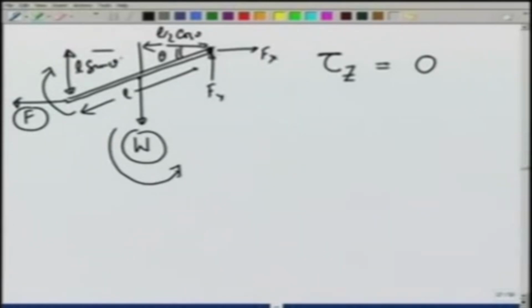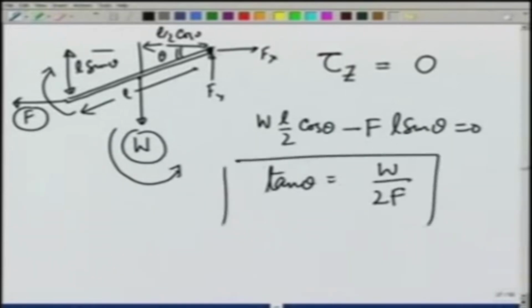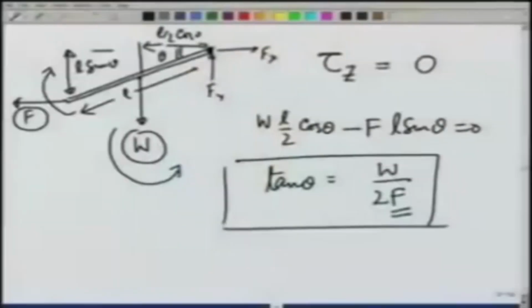Therefore, when I put tau z equal to 0, I get W L over 2 cosine of theta minus F L sine of theta is equal to 0, and that gives tangent theta is equal to W over 2F. You notice, larger the force that you apply, smaller the angle, and that you experience when you do something like this. You pull the berth out, it goes higher and higher. So, this is an example of solving a simple problem using hinge forces.